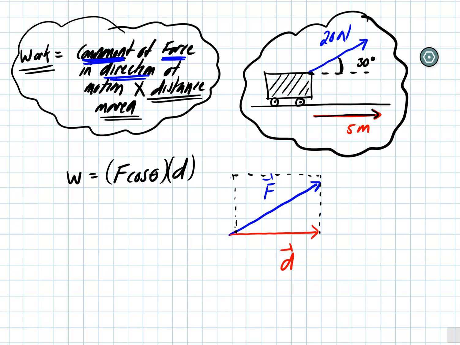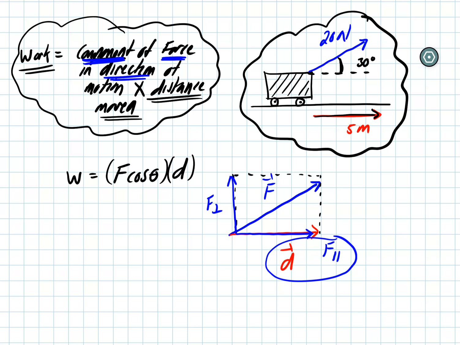There's a part of the force that is perpendicular to the motion, and there's a part of this force that is parallel to the motion, and it is only the parallel part that does work.